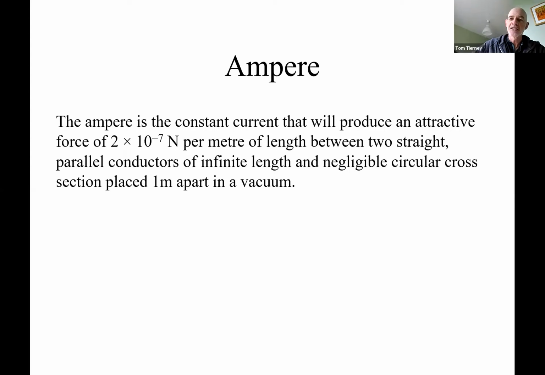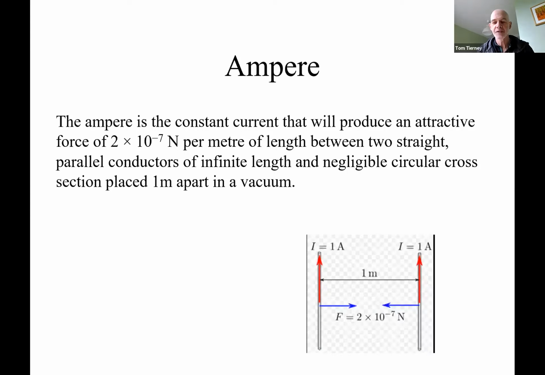The definition we're supposed to have learned in the syllabus is the one on your screen. The ampere is that constant current which will produce an attractive force of 2 × 10⁻⁷ newtons per meter of length between 2 straight parallel conductors of infinite length and negligible cross section placed 1 meter apart in a vacuum. So it was all a bit fanciful.